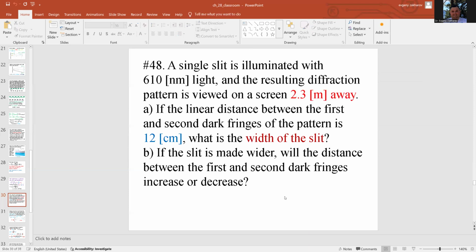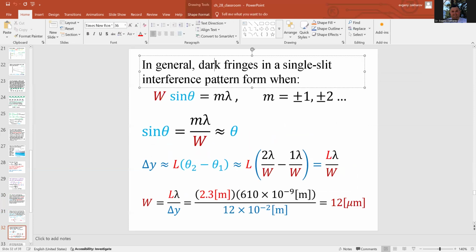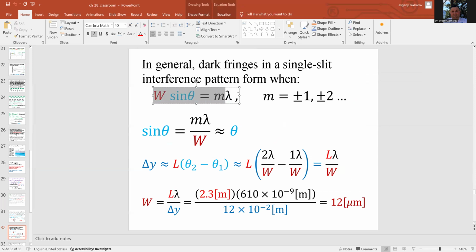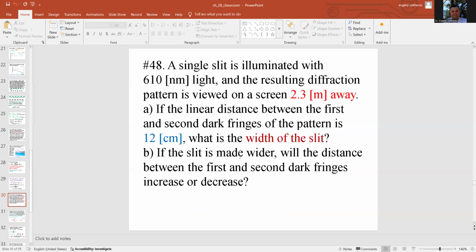It really doesn't matter what is given, what is missing. Chances are that we're going to use the conditions for the fringes, dark or bright. And for the condition that we are talking about, you don't have the angle. So we only have the geometry, but not the angle, which is not a big deal.